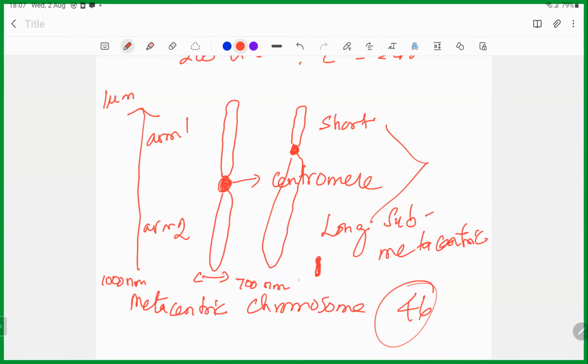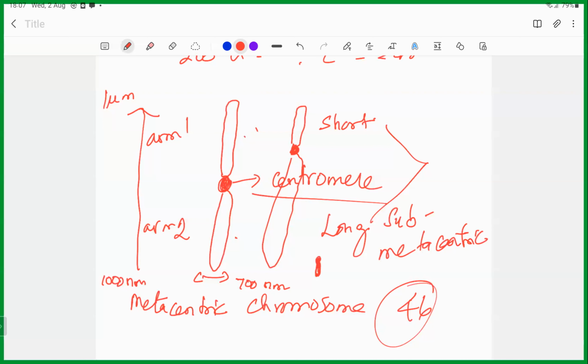But chromosome number 1 and the X chromosome are bigger chromosomes. They may be in the micrometer range. Is it clear? It depends, because it is a transition state. At one particular state only it comes like this and goes like this. Is it clear? Fine. So the basic structure of chromosomes: centromere, and two different arms will be present. Is it clear? Fine.